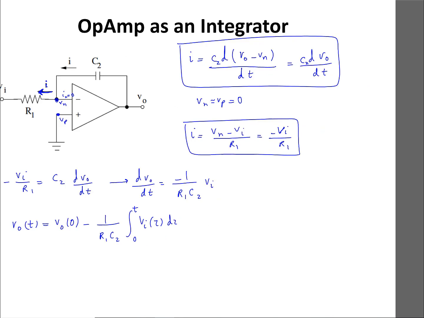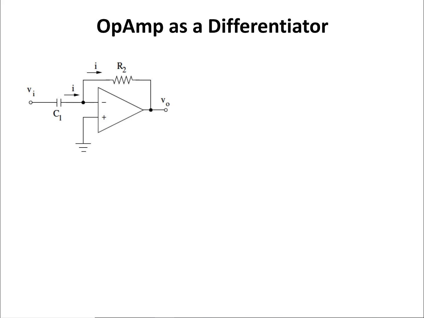Let's look at the second circuit, which is a differentiator circuit, and we would like to find an expression that relates Vout to Vi. Again, in here I can write an equation for I, and this is Vn, this is Vp. So I is equal to Vn minus Vout divided by R2.